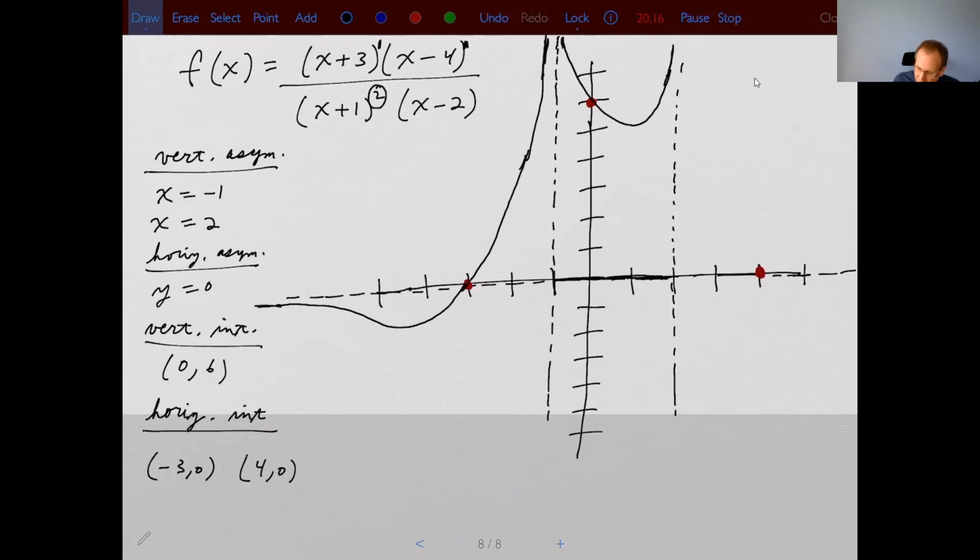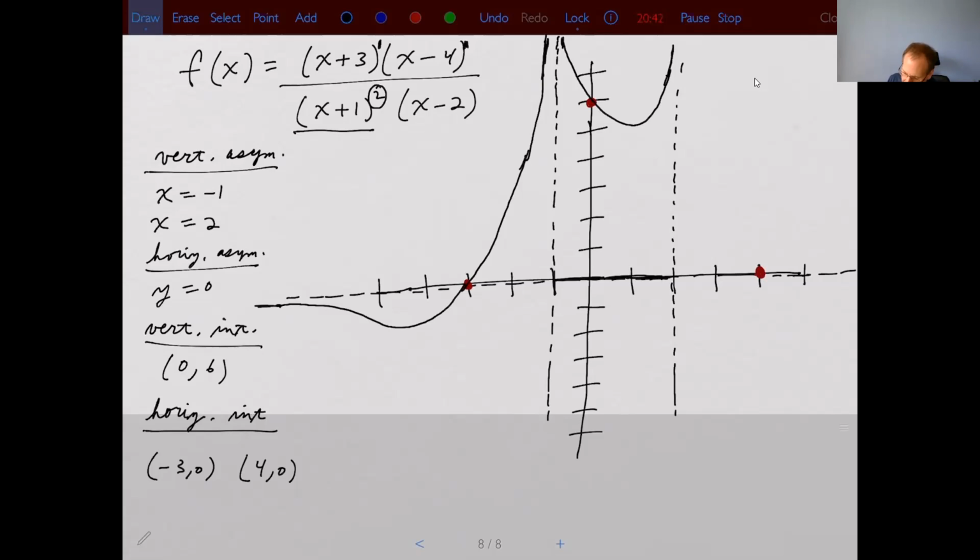The x equals -1 vertical asymptote comes from this factor, x plus 1 squared, and the squared tells you that it has to look like a reciprocal squared function. Basically, the function is either both going to go to positive infinity or both go to negative infinity. In this case, they both have to go to positive infinity.